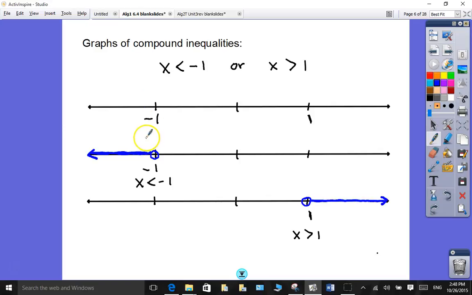So since on the middle number line it's highlighted from negative 1 to the left, then it has to be highlighted from negative 1 to the left on the compound inequality. And since the lower number line is highlighted to the right of 1, then it also has to be highlighted to the right of 1.